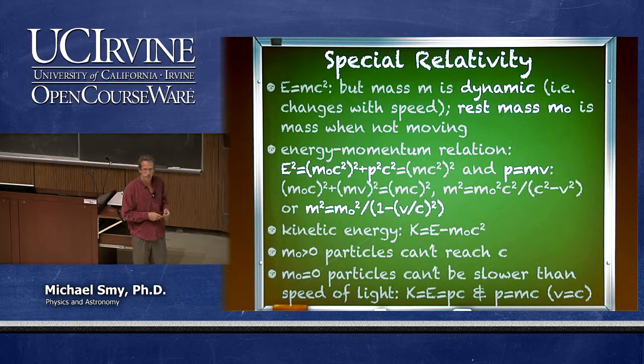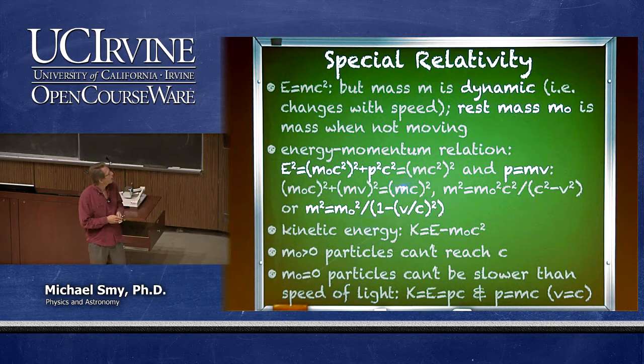If the rest mass is zero, then particles can't be slower than the speed of light. They always have to travel forever at the speed of light. And we can see that in the following way. In the Einstein relation between energy and momentum, this term falls out because there's no rest mass. And that means that the energy equals the momentum times the speed of light.